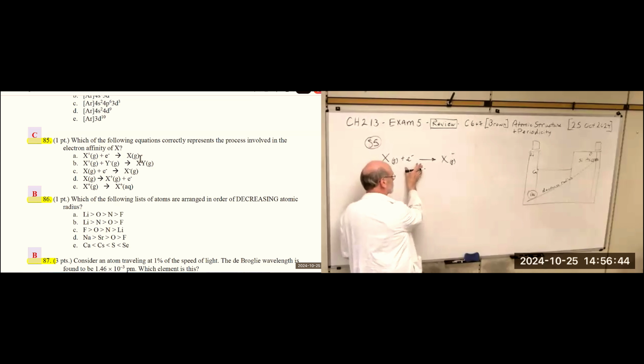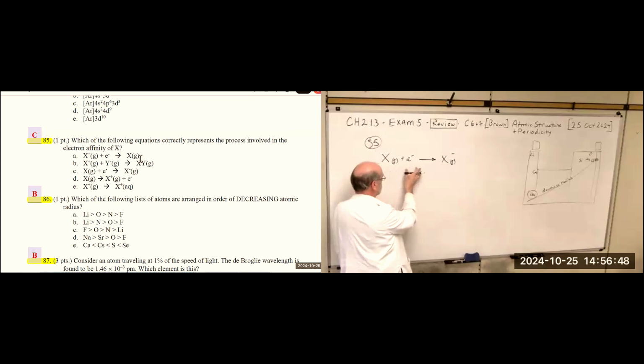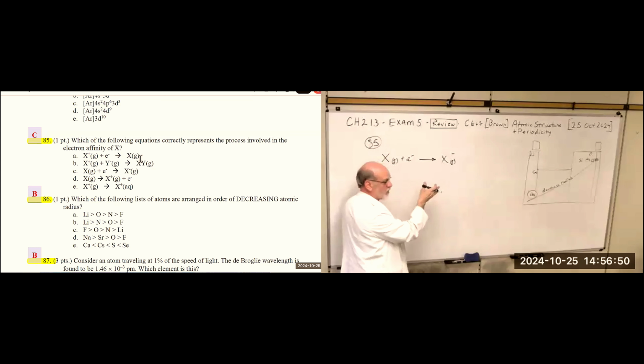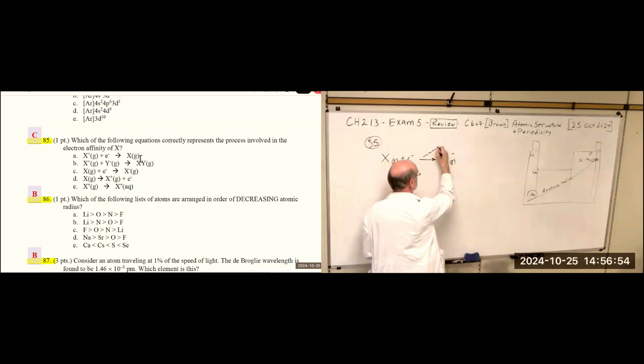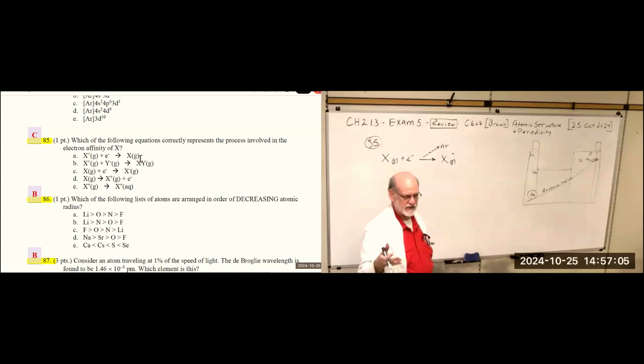And since this electron is coming from infinity down to the ground state, well, the outermost available orbital, it's going to give up energy. Okay, so remember our convention, when energy leaves the system, it's a negative sign. When it's added to the system, it's a positive sign.